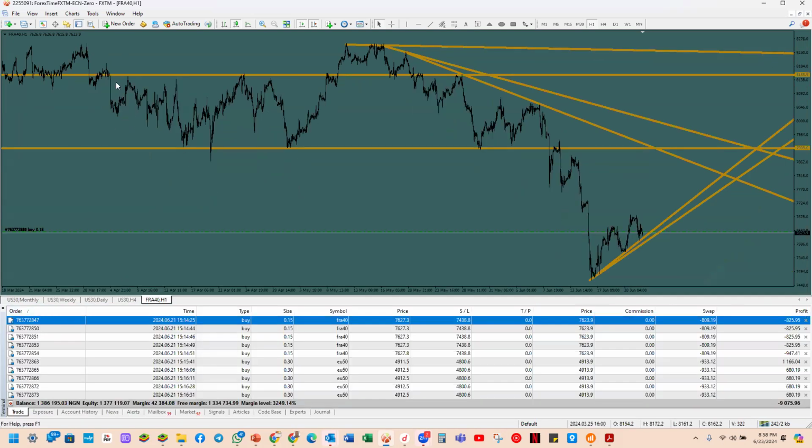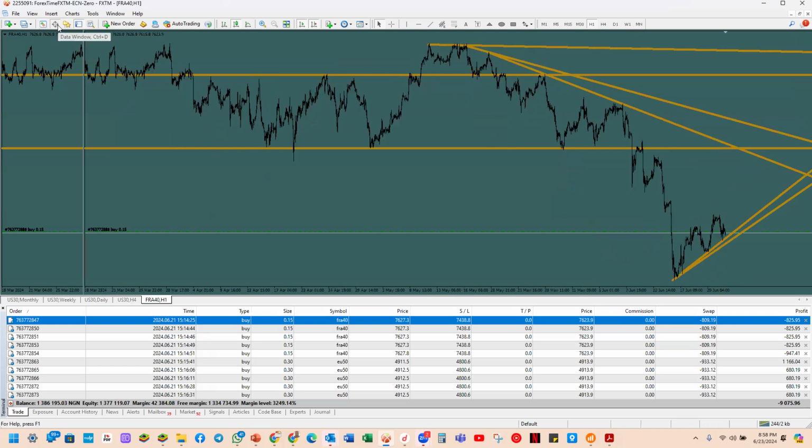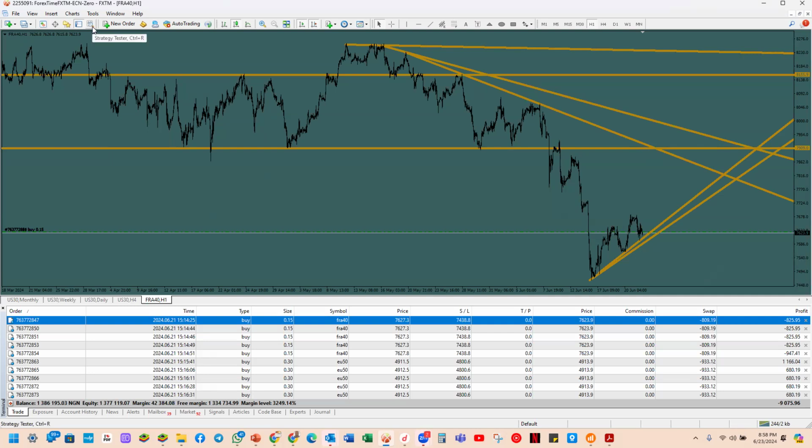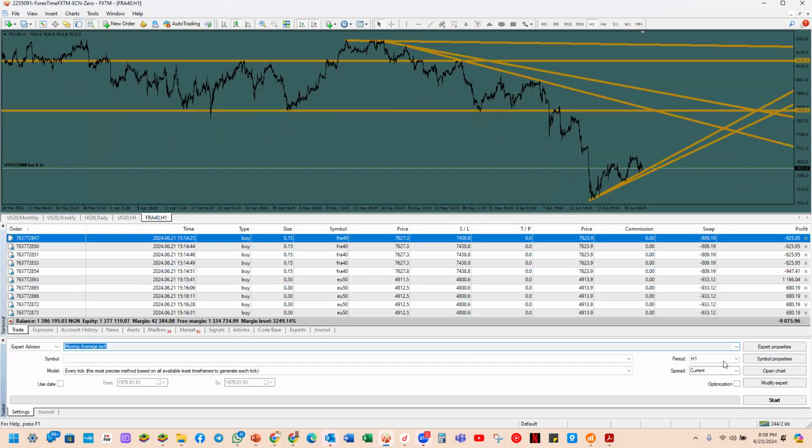With the strategy tester, you can test your strategy to know whether it is good, or determine its win ratio or percentage. After you have done that, you can confidently say, okay, I have something that is working. So you can test your strategy with this tool.